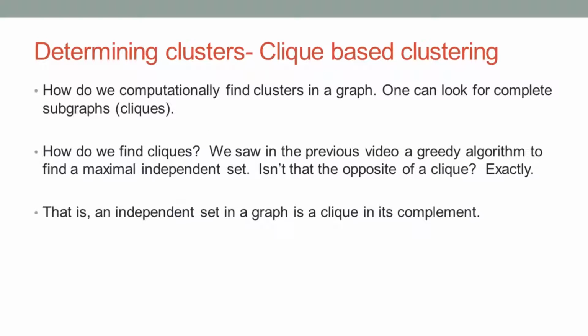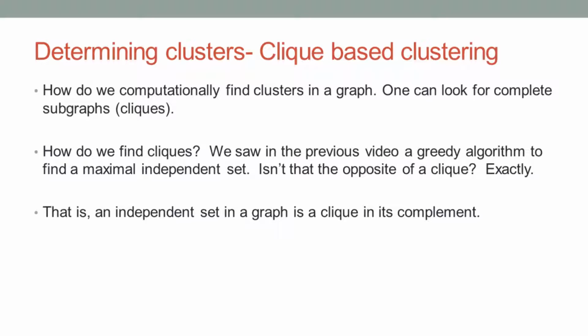So how do we find a cluster in a graph? We can think of a cluster, as I said, as a dense subgraph. And so one method of defining a cluster is called the clique-based clustering algorithms. We've already seen a greedy algorithm where the algorithm returns a maximum independent set, which is really the opposite of a clique, right?